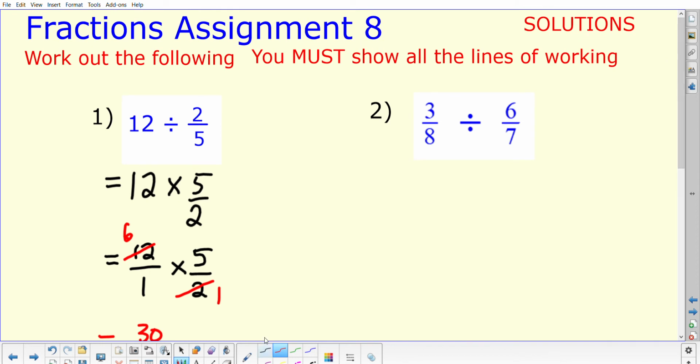The second one, so again, keep the 3 over 8, switch the divide to times, and you flip the 7 over 6. So before we try and multiply, we're looking to see is there any numbers on the top or the bottom where we've got the same times table. So we can see we've got 3 and 6, so we're going to divide by 3, top and bottom. Not 3, sorry.